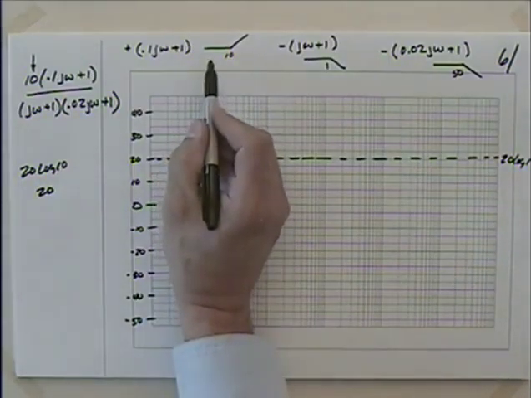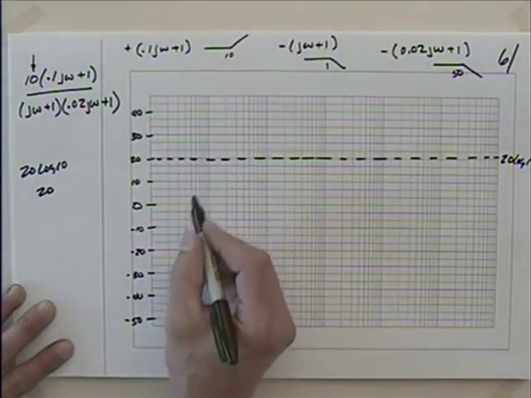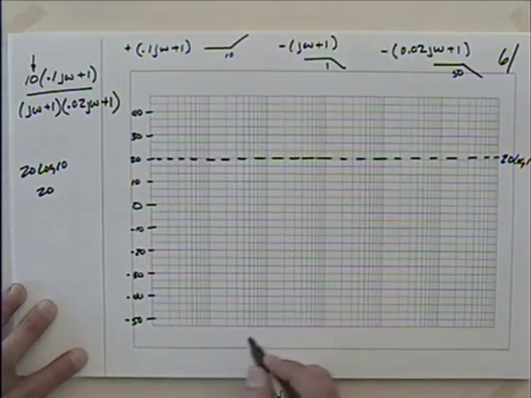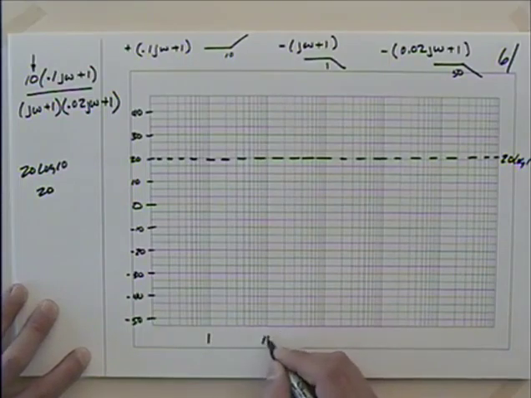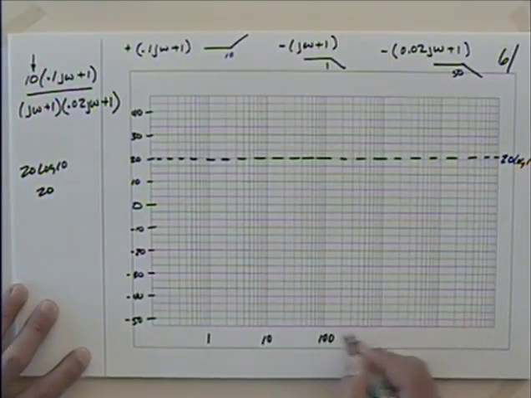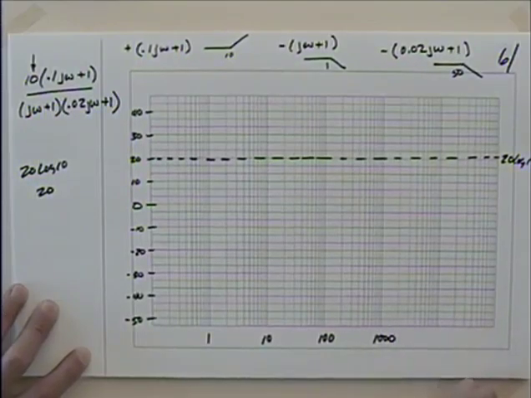And then this one over here, that's going to be at 0, right? And turn up at 10. So let me start this at 1, and we'll do 10, and we'll do 100, and we'll do 1,000.